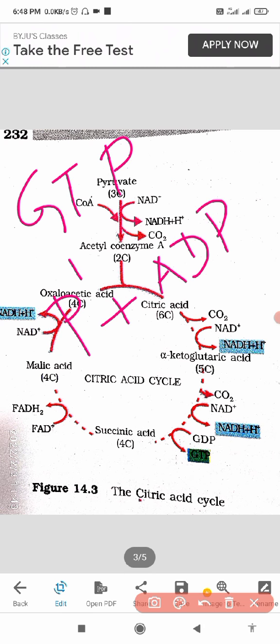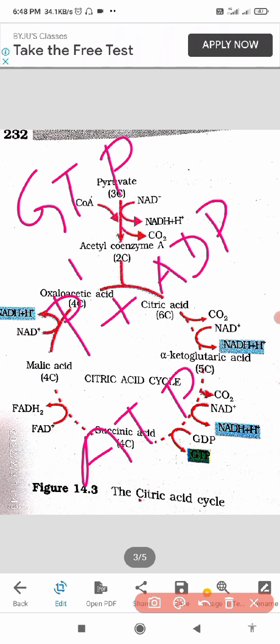So when ADP, that is the small currency of the energy, is running in the body, and when GTP provides the phosphate molecule to this ADP, then ATP will be formed. So many ATP will be formed, almost 30 ATP will be formed in this oxidation, and 8 ATP will be formed in the glycolysis. So the total number of ATP bonds that will be produced from one molecule of glucose is 38 ATP in this aerobic respiration cycle.